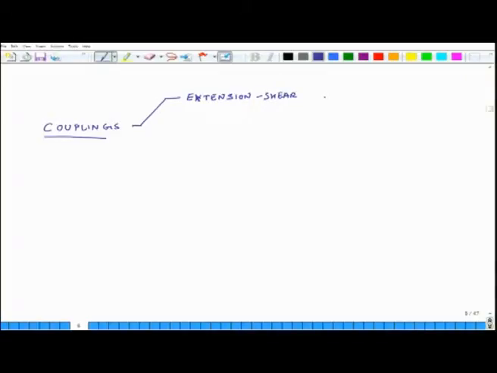It implies that if I pull a laminate, it will also generate shear strains, or if I apply shear, it will also generate extensional strains. And we had seen that this is attributable to elements A16 and A26. So, if we are able to remove these elements, make them 0, then this coupling will not be present.